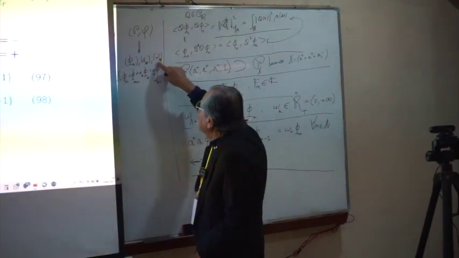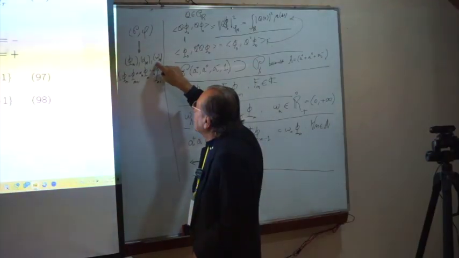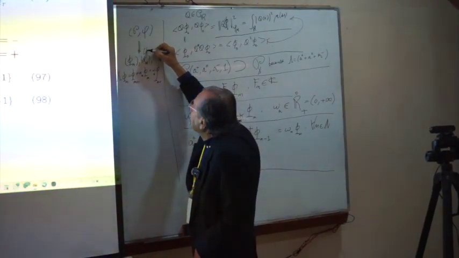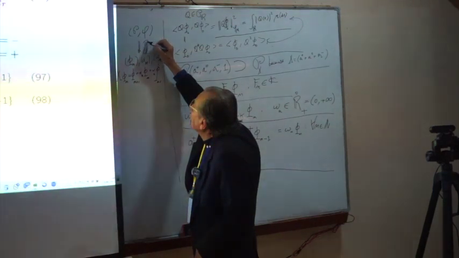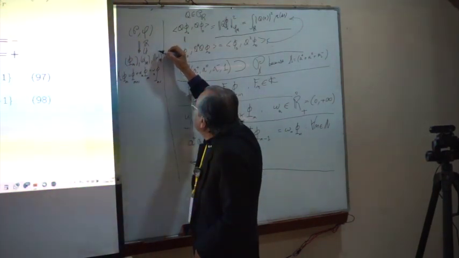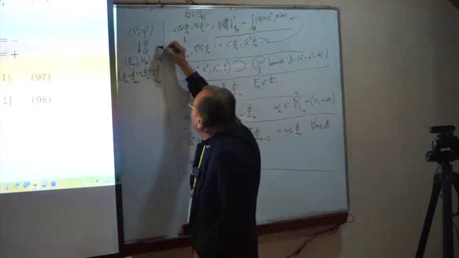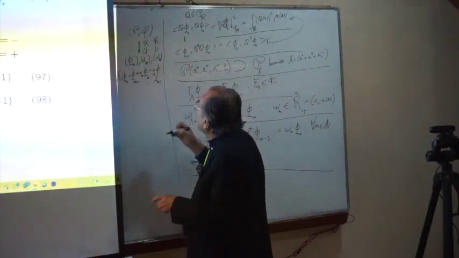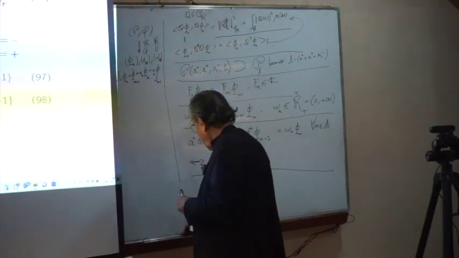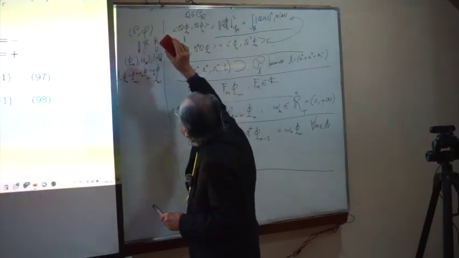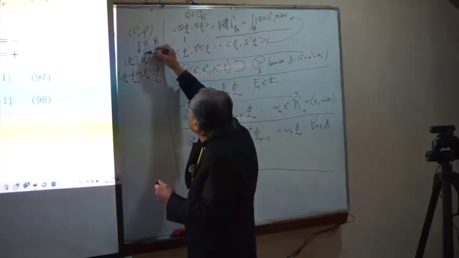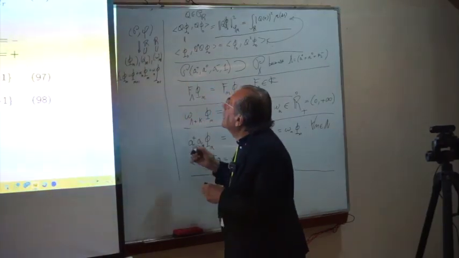And there exist 2 sequences: alpha n of real numbers, any real number, and omega n of positive real numbers.